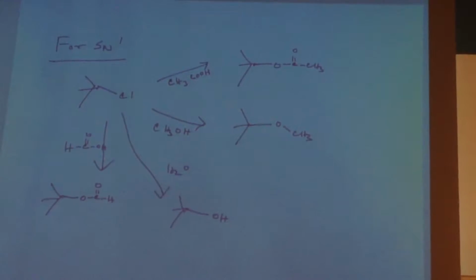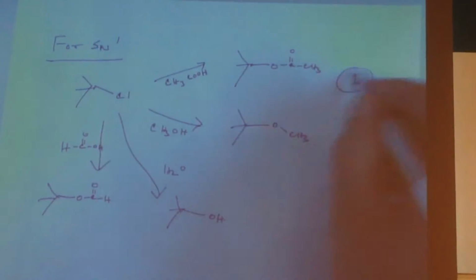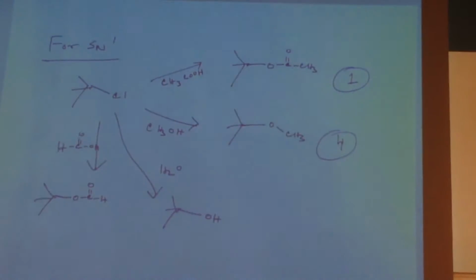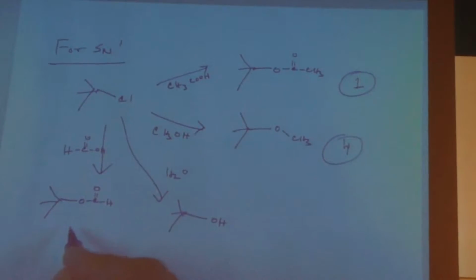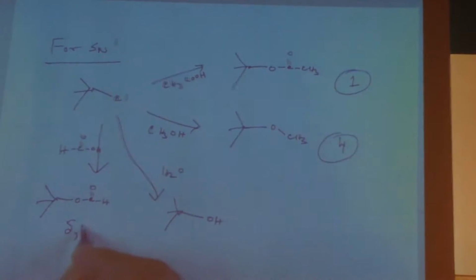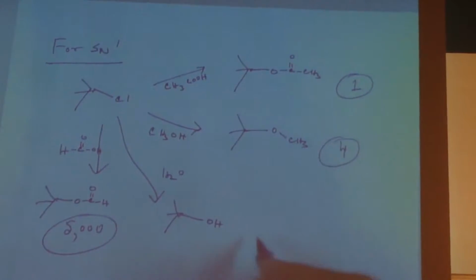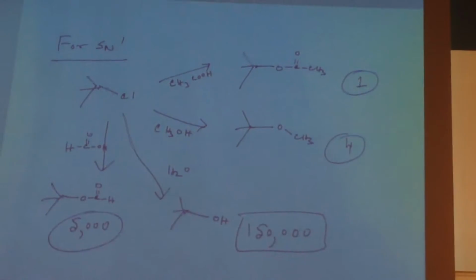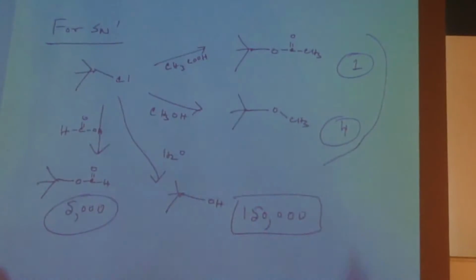And when we figure out their relative rates, acetic acid is 1, methanol is 4 relative rate. Then it jumps to formic acid at about 5,000. And with water, it's 150,000. So there's again a huge difference.